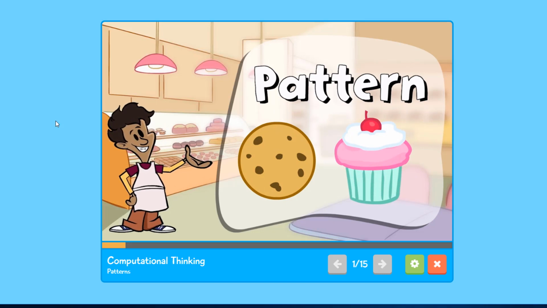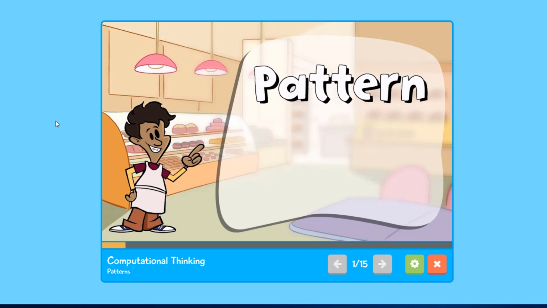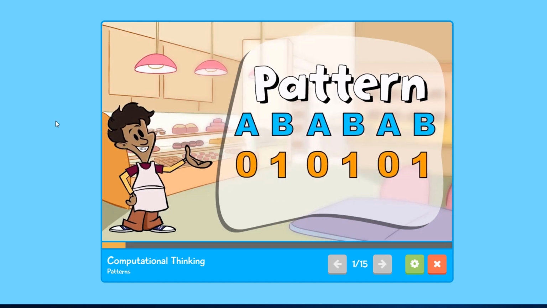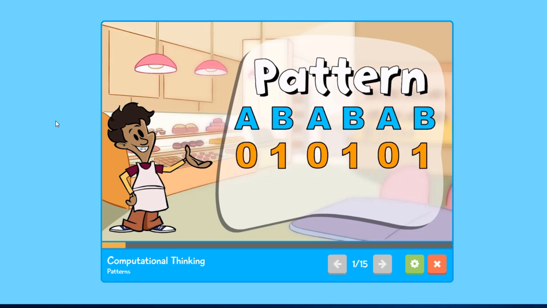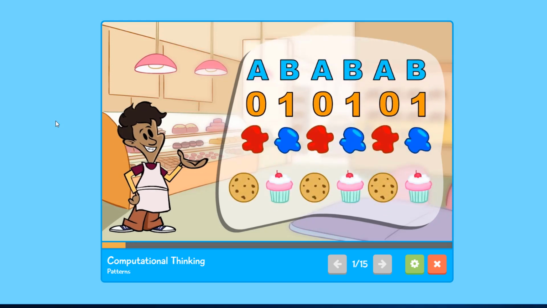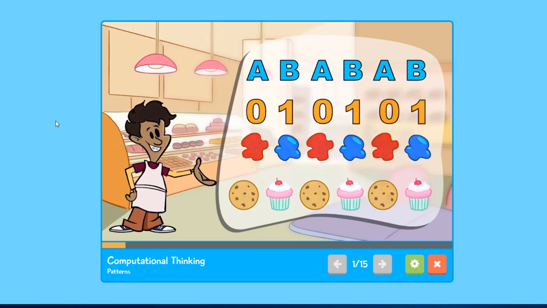The simplest kind of pattern just keeps switching back and forth between two different things, like this. AB, AB, AB. Or 0, 1, 0, 1, 0, 1. Or red, blue, red, blue, red, blue. Or this tasty pattern. Cookie, cupcake, cookie, cupcake, cookie, cupcake. It's fun to say, and it's delicious.